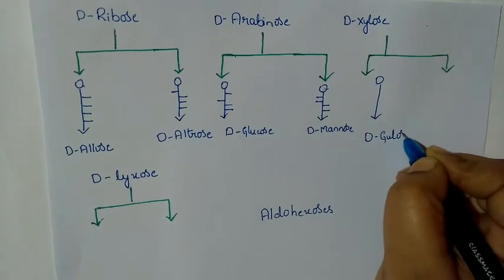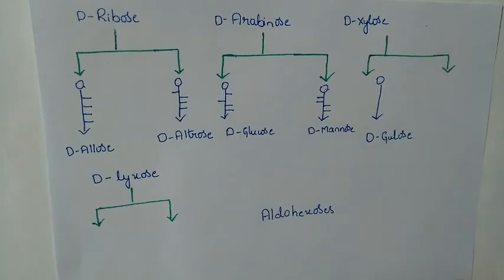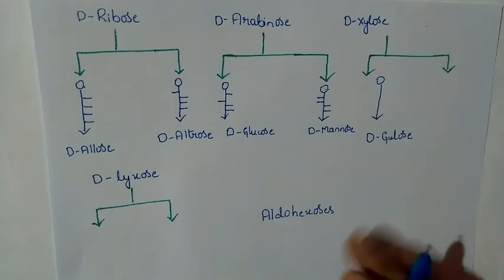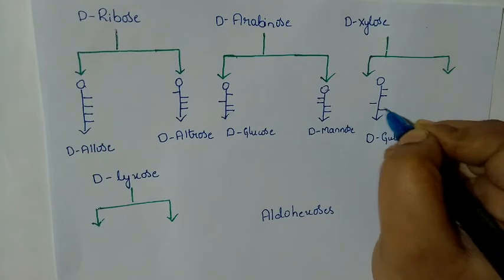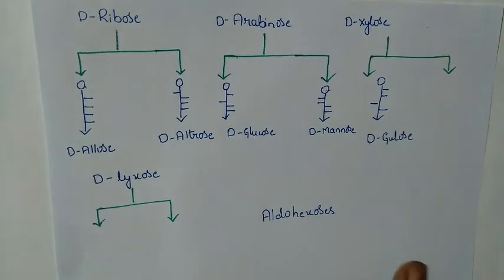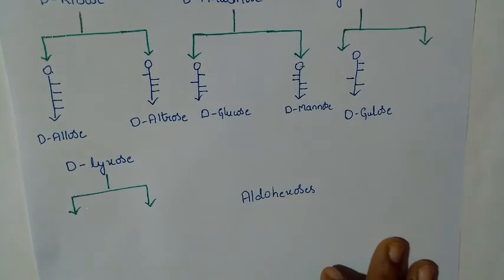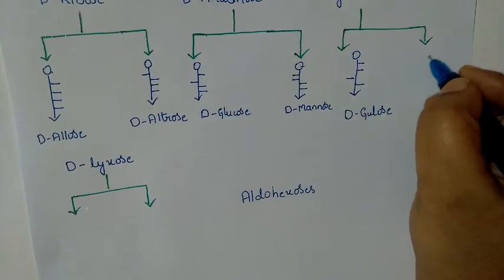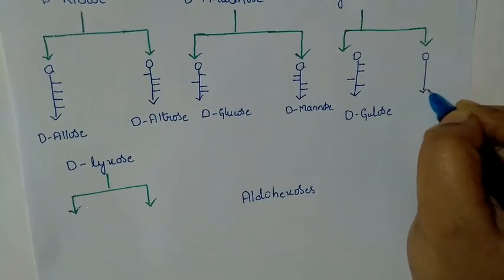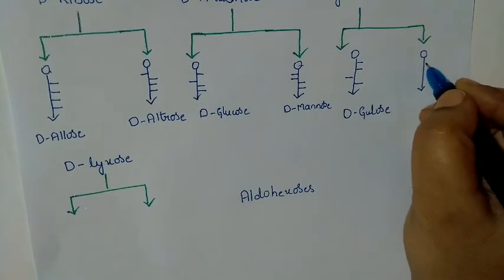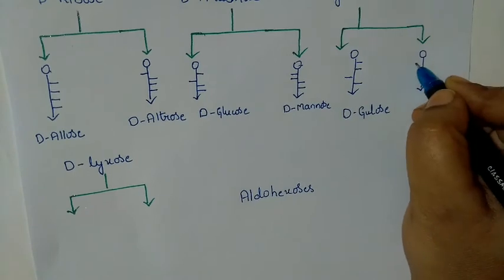After this, D-gulose. It is of 2 to this side, 1 this side and another one this side. So aldohexose, 6 carbon atoms. Likewise, we have next one, that is D-idose. Here also 6 carbon atoms.